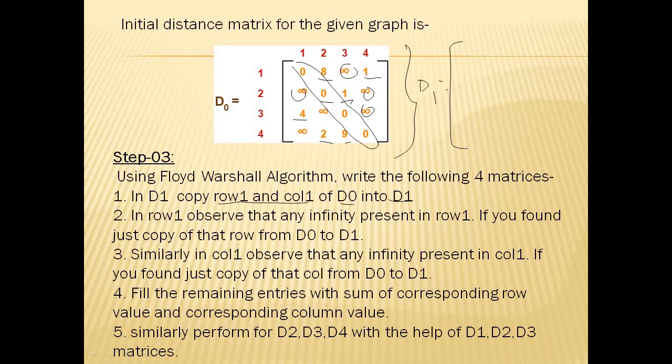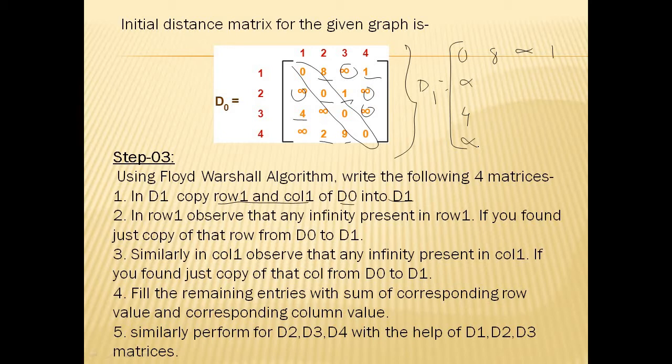D1 works for row 1 and column 1. We need to copy them as they are, meaning 0, 8, infinity, 1. Here infinity, 4, infinity. If you are calculating D2, row 2 and column 2 will be copied.